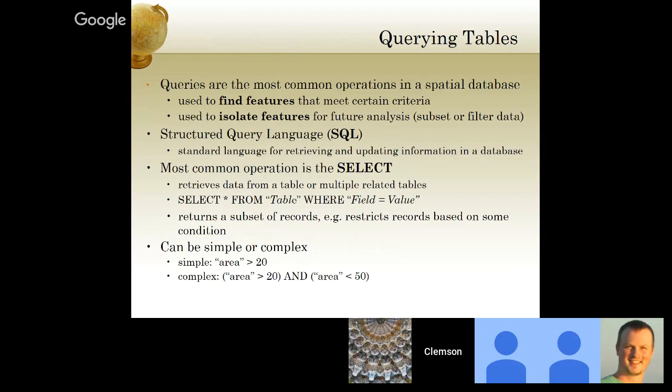We often want to identify some subset of our data, so we can analyze some sort of pattern spatially, or we can subset to perform some sort of processing on just that subset of data.